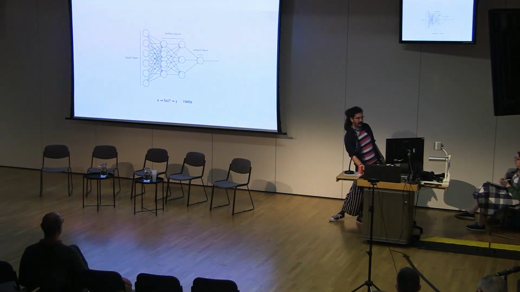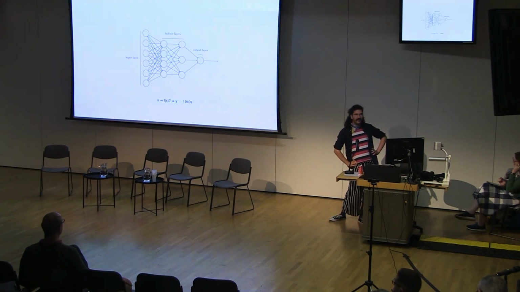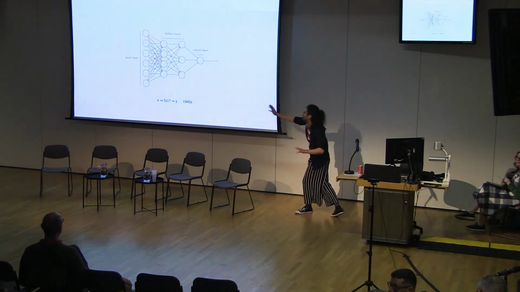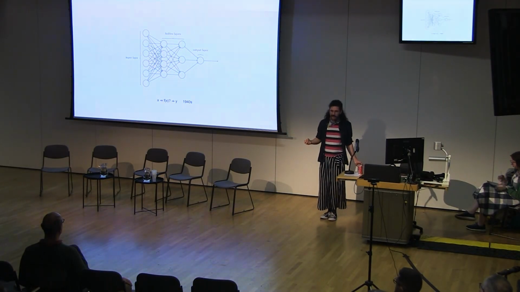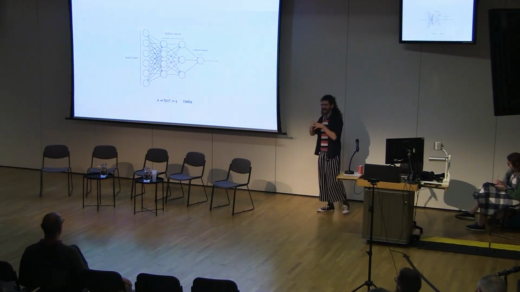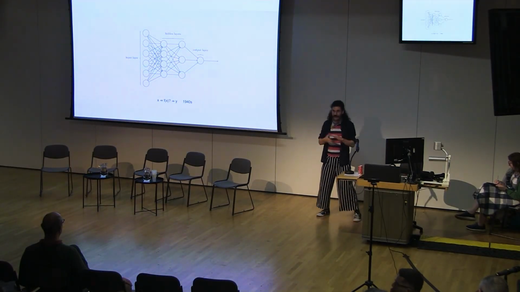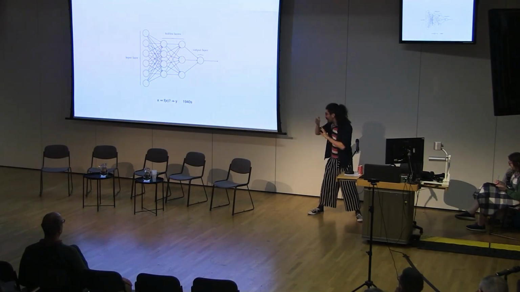Just have a quick look at my notes so I don't get too confused here. So you have input data going in. That might be pixel data from an image, cancer diagnosis data, financial data, sound, language, whatever that is. And then you have these hidden neurons.